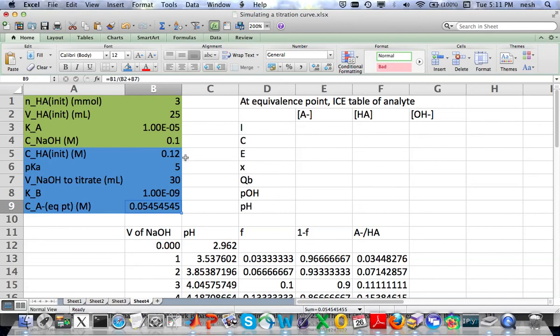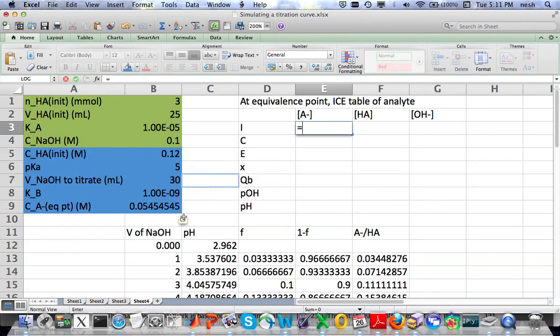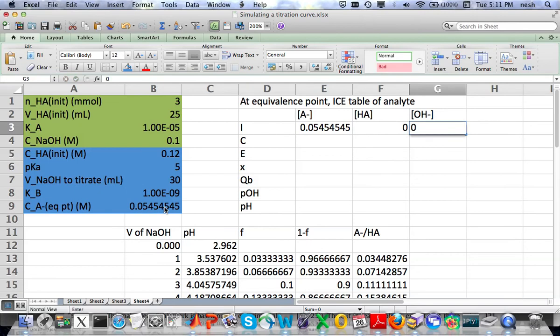Now I can use that to start my ICE table, if you want to go ahead and give that a shot. Okay, here's my first number. I'm going to say the concentration of A minus is that number that we just got, and I don't have any HA or any OH minus. If you want to go ahead and try to finish this, go ahead.